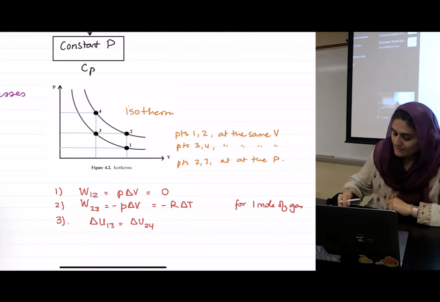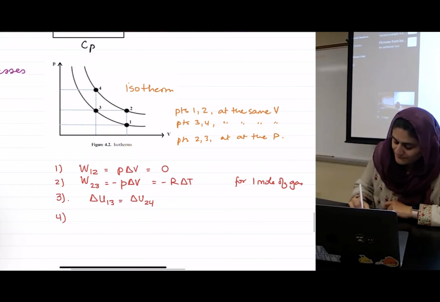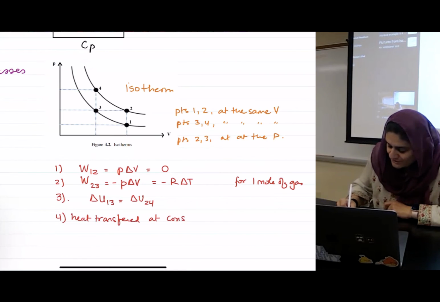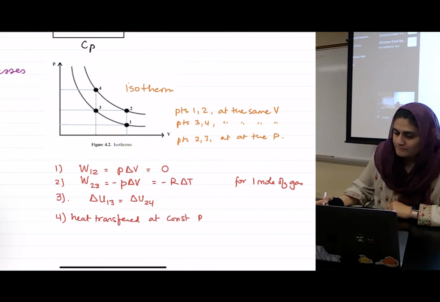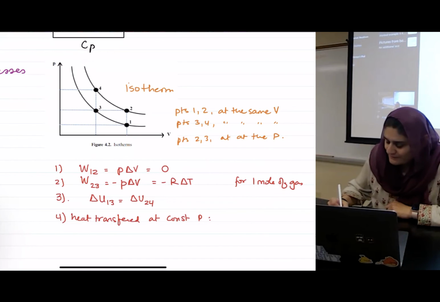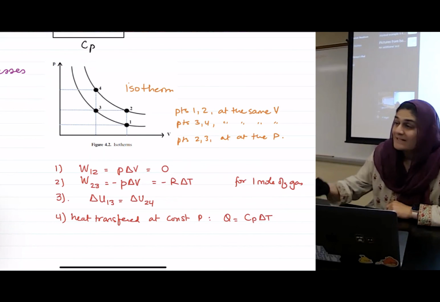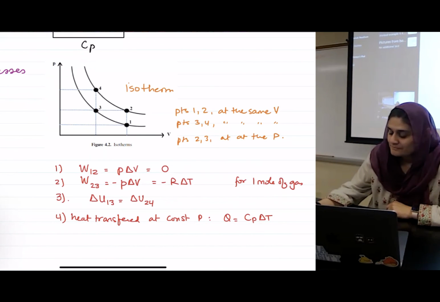Good. Number 4, heat transferred at constant pressure. Can I rewrite this as Q equals Cp delta T from last week? Okay.